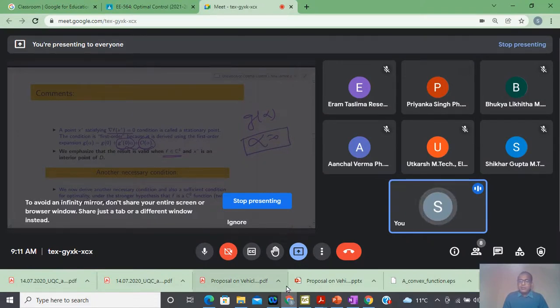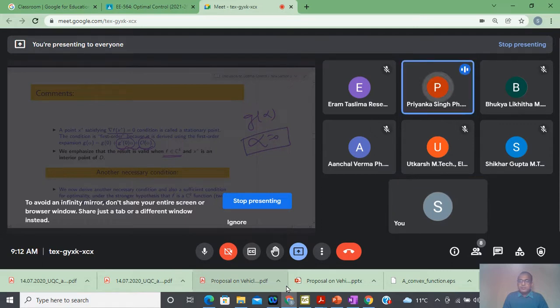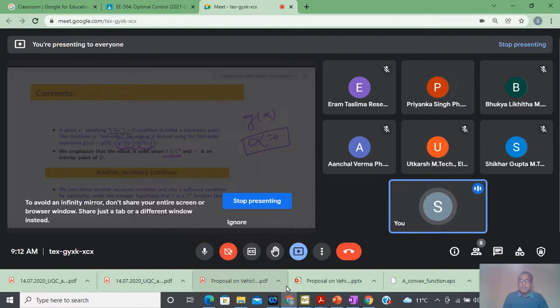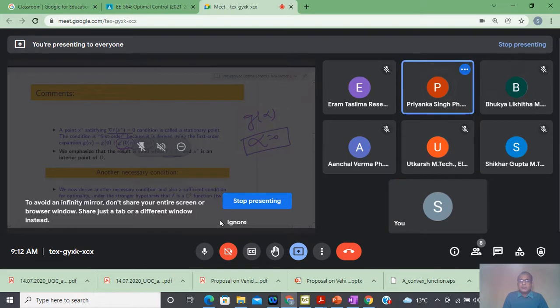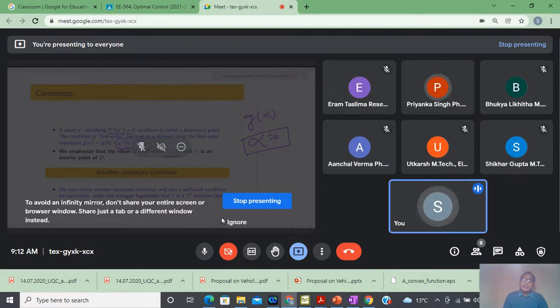F belongs to C1, continuously differentiable function. Why should f be continuously differentiable? Sir, due to the Taylor series. Yes, in order for the Taylor series expansion to exist, I need this kind of condition.